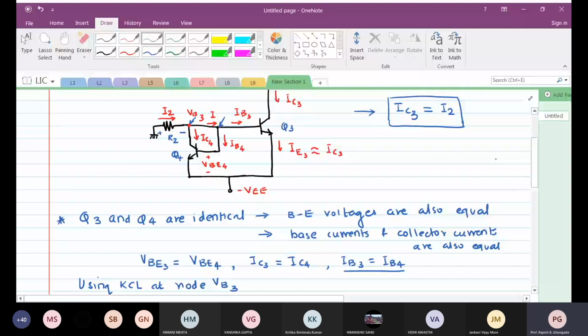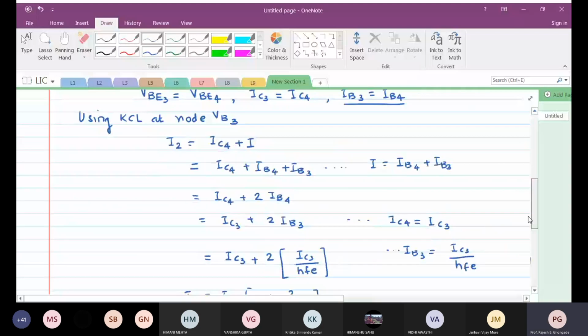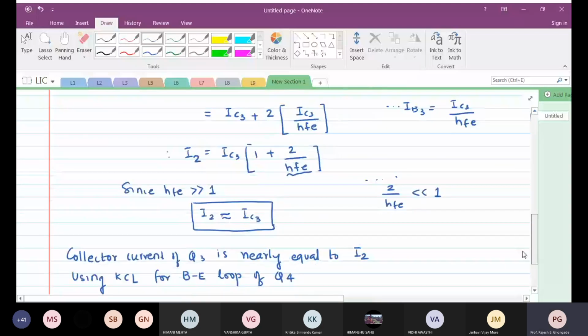This voltage plus this voltage and this voltage. So it is a loop like this. Sorry, it should be Q3.